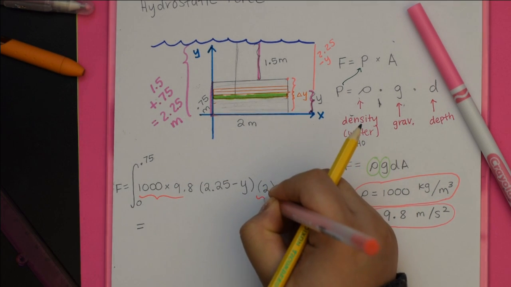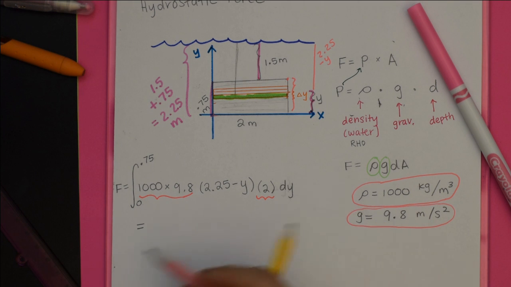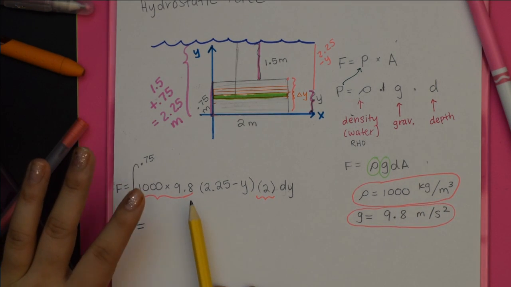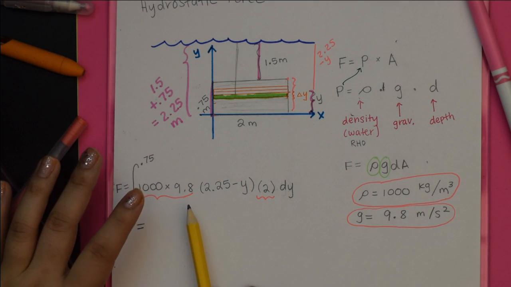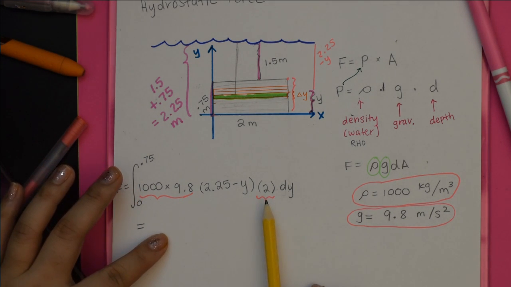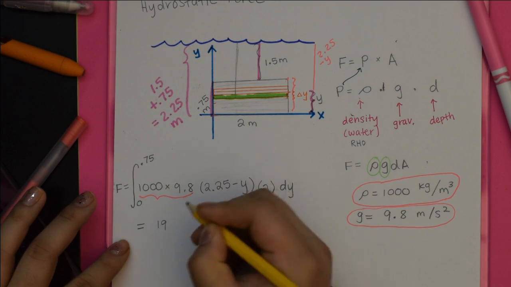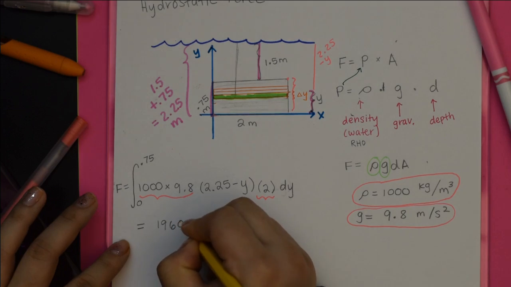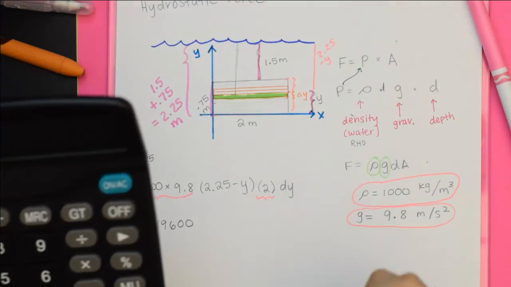if you are learning integrals right now. So I'm just going to pull those out because you can. So 1,000 times 9.8 is 9800, times 2 is 19,600.